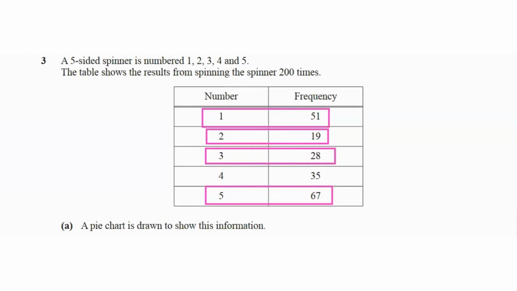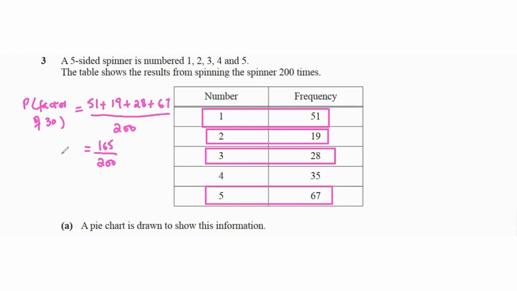Since we're trying to find the probability of landing on a factor of 30, it will be the sum of all of these frequencies for the factors, 51 plus 19 plus 28 plus 67, divided by the total frequency, which is 200. That's going to be 165 over 200.